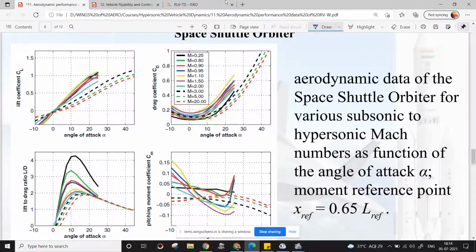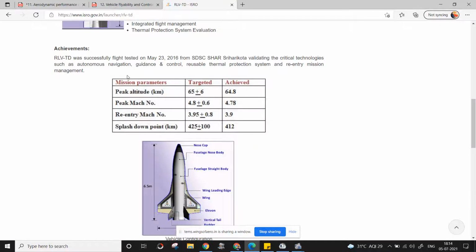If I compare the space shuttle and ISRO's RLV, for the RLV only a flight test has been done. They have not flown with crew members or done successive flight testing. The initial flight test they have done. The peak altitude that ISRO's RLV achieved is around 65 kilometers, plus or minus.